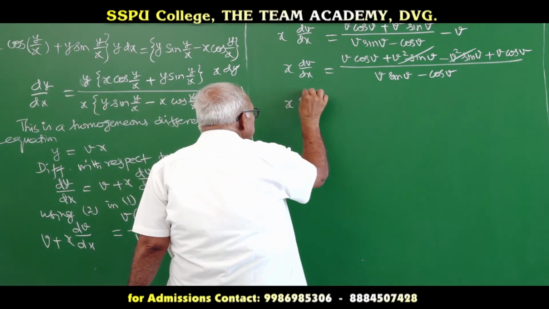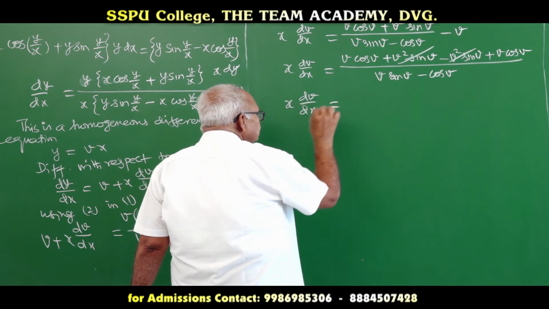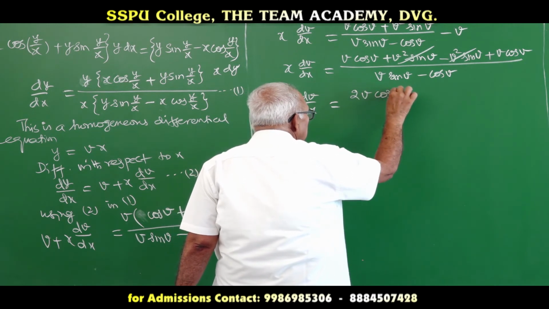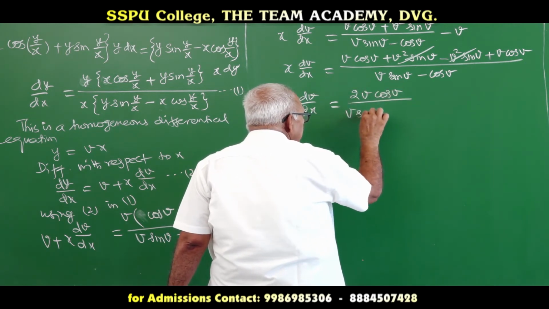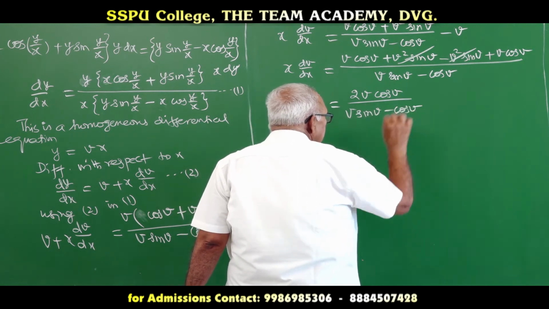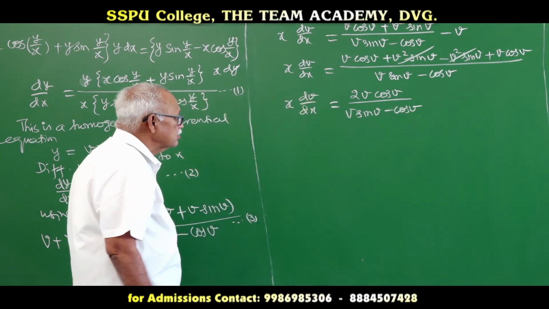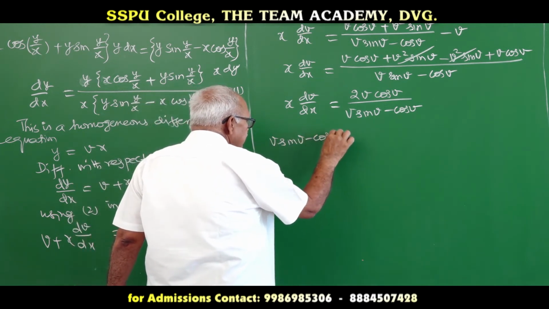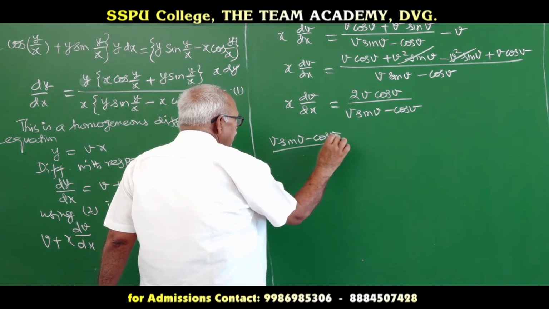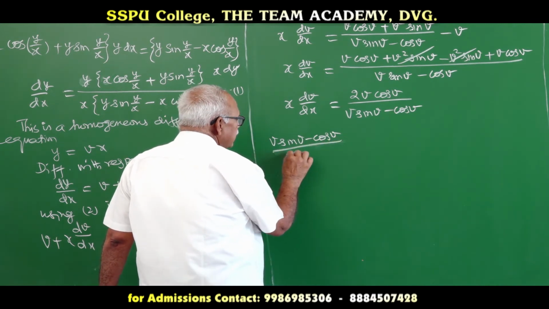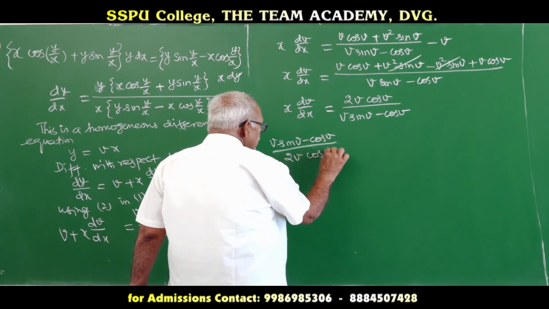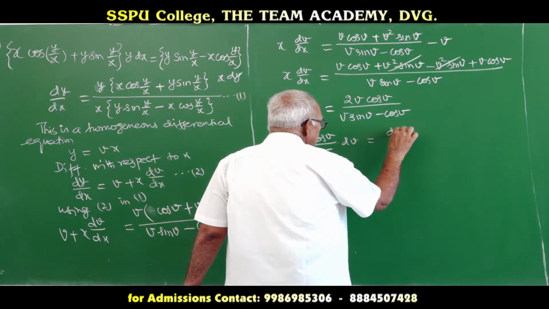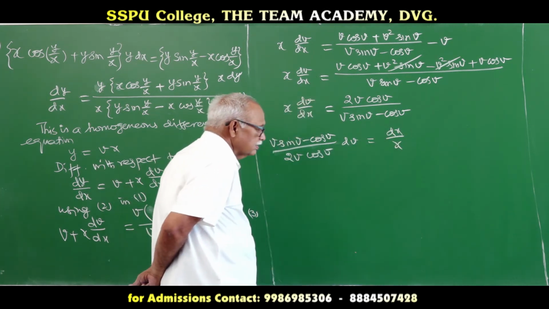Now x into dv by dx is equal to 2v cos v divided by v sin v minus cos v. Now, separating the variables, v sin v minus cos v divided by 2v cos v dv is equal to dx by x.